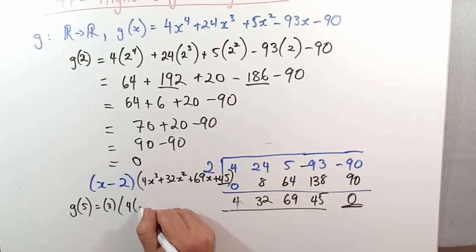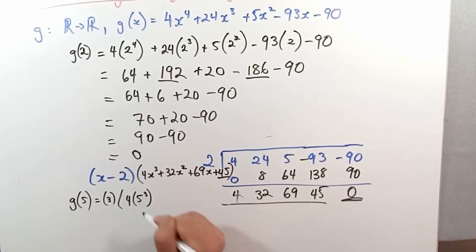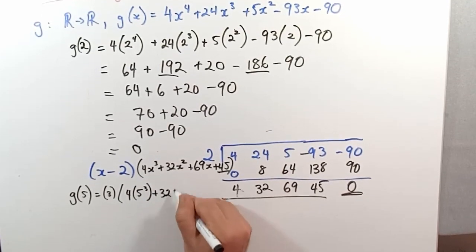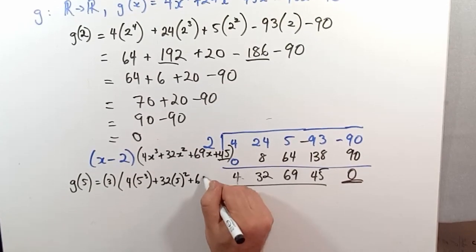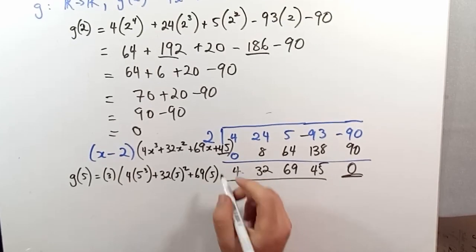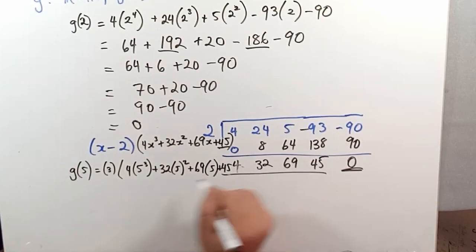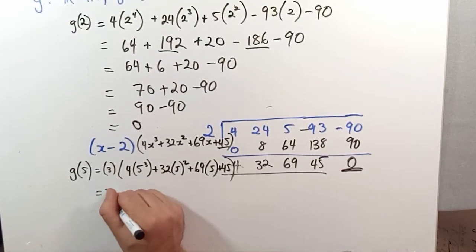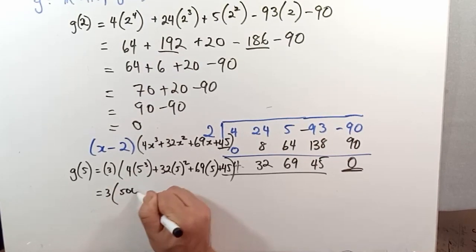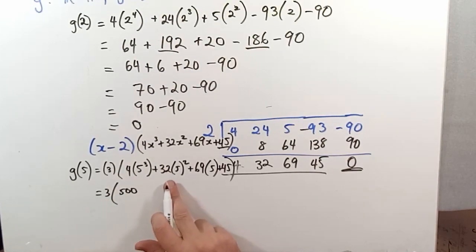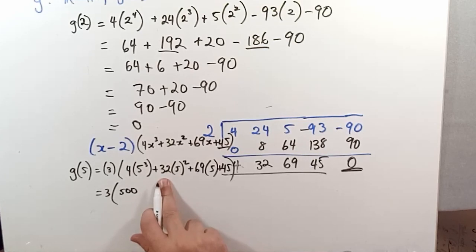So 4 times 5 cubed, plus 32 times 5 squared, plus 69 times 5 plus 45. Okay. So that gives me 3 by, 5 cubed is 125. So 250, okay, so that's all right. 25 times 32.